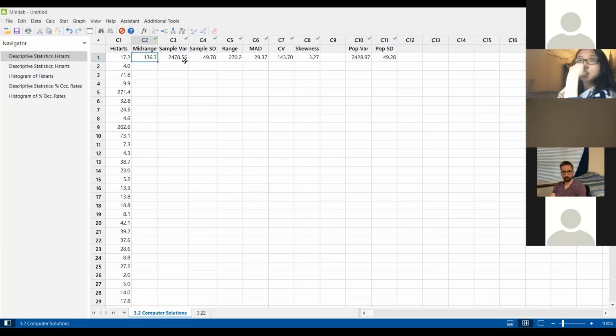The variance, the standard deviation, the range, the MAD, coefficient of variation. I put skewness in here just for the fun of it. Mid-range, things like that. So let me minimize this.